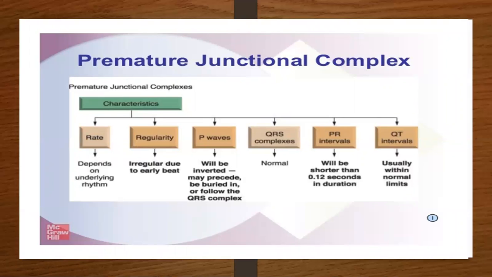Characteristics of the premature junctional complex. The rate depends on the underlying rhythm. The regularity is irregular due to the early beat. The P wave can be inverted, occur before or after the QRS, or be hidden within the QRS.